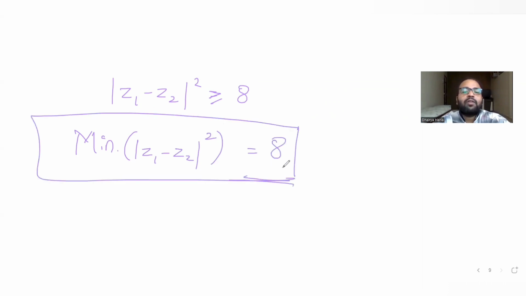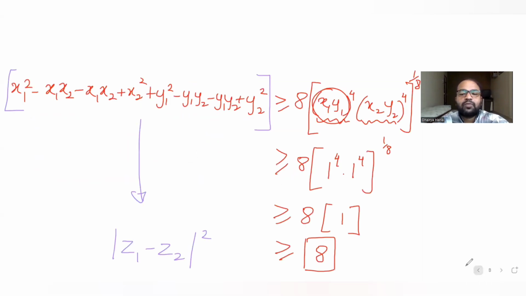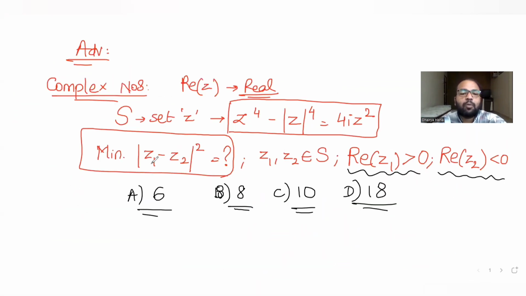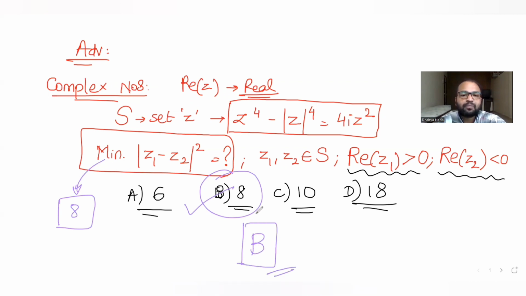So the minimum value of this entire expression which was asked to us for the complex numbers, the mod of the difference of the complex numbers and the square of that, turns out to be 8. And the option that matches the question is B, the correct answer for the question given to us.